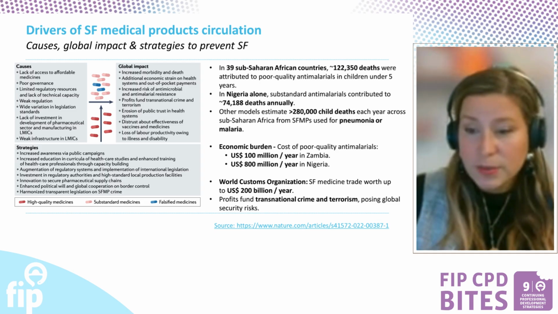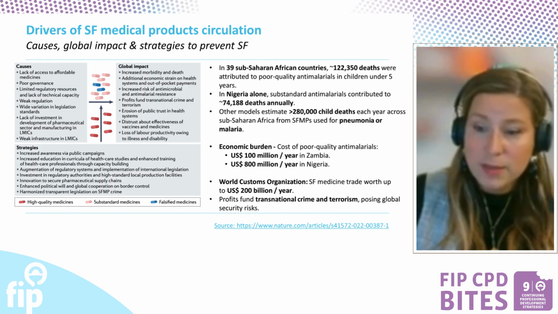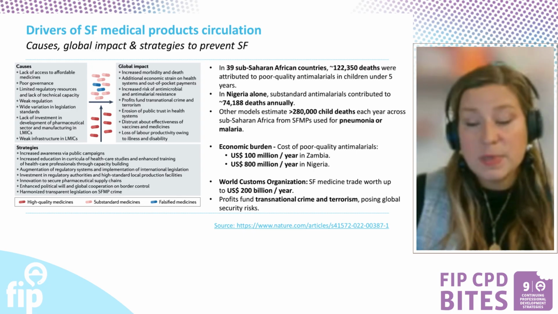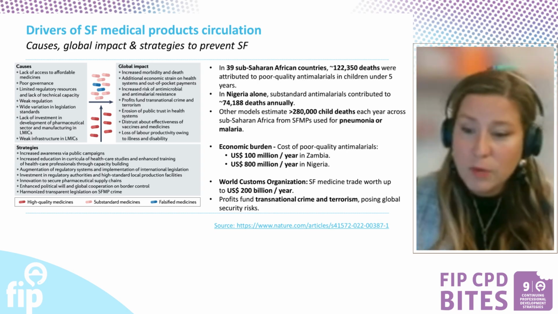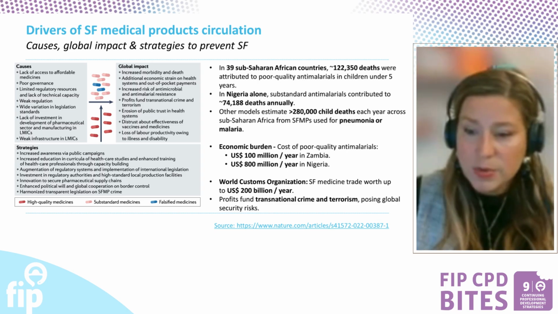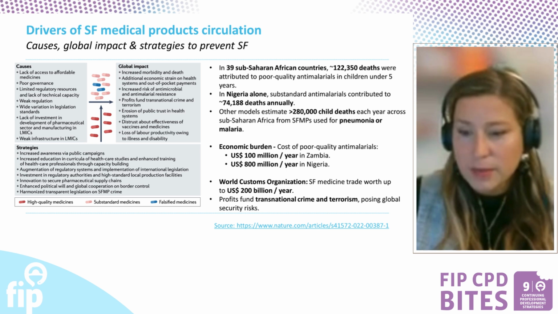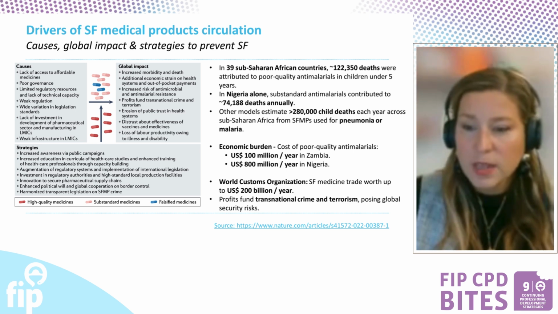Across 39 countries, around 122,000 child deaths each year are linked to poor quality anti-malarials specifically, and that's just one form of drug. When falsified pneumonia treatments are included, the toll rises to over 280,000 preventable child deaths annually.